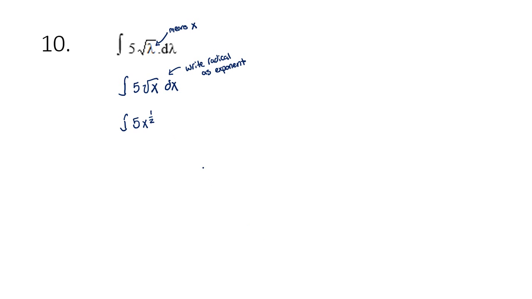Alright, now we're ready to do the power rule. Which means we add 1. So that's 3/2. Then we got to think 3/2 times what equals 5, which means we're taking 5 and multiplying 5 times 2/3, and that would be 10/3.